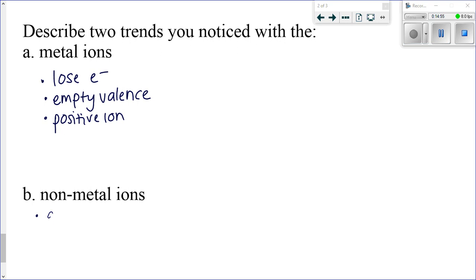They gain electrons. Empty valence or positive or full? They have a full valence. And what type of charge? Negative. Good.